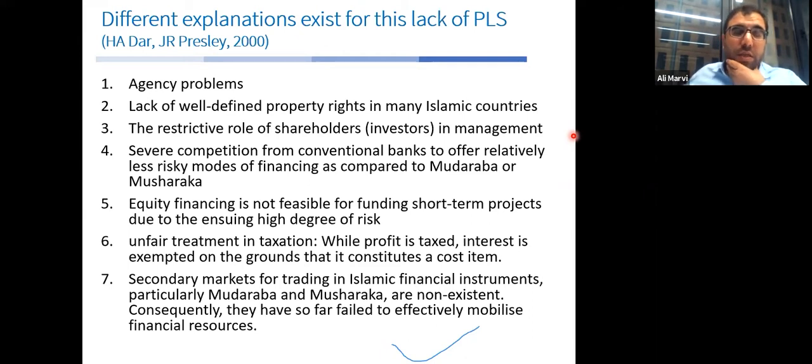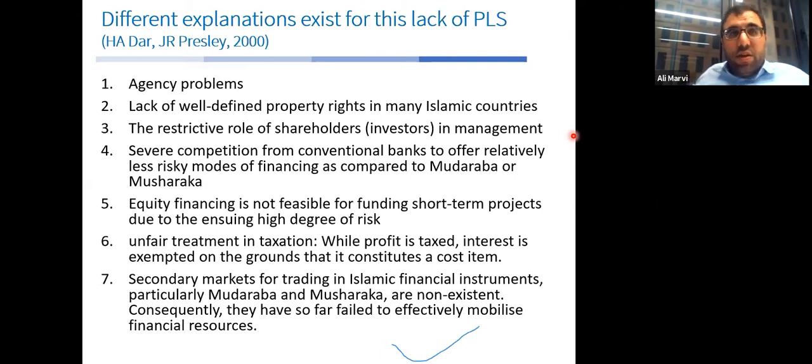And we know that this type of rating system is really absent in many Islamic countries because their central banks are not expert enough to implement that kind of system.